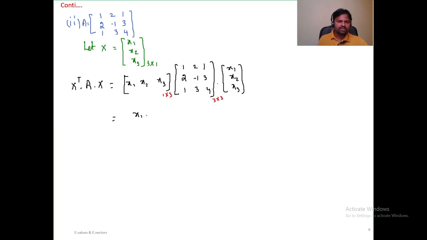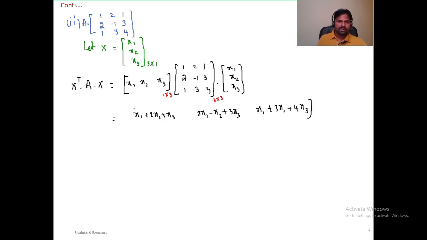So x1 plus 2x2 plus x3. This is the first entry. Next entry is 2x1 minus x2 plus 3x3. And the last one, this row and this column: x1 plus 3 times x2 plus 4 times x3.